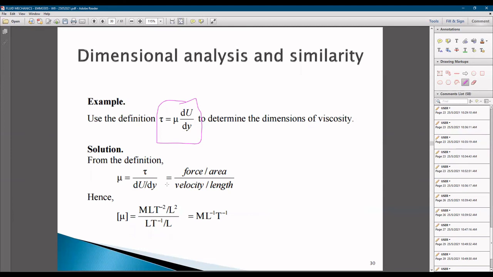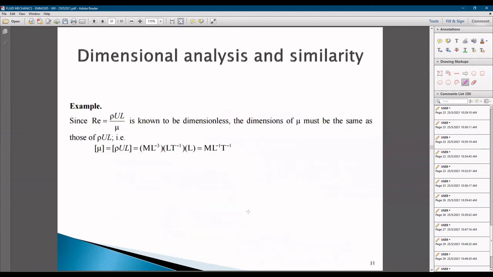From there, you can further analyze it using dimensional analysis, looking into the primary dimension of each of these elements: force, area, velocity, and length. Finally, you will obtain this set of dimensions that you can further transform into units.